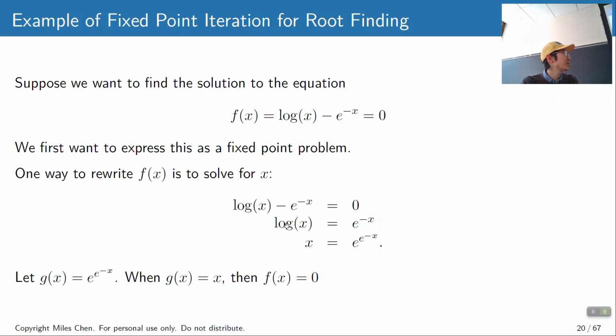I'm going to move e to the negative x to this side, and raise e to this power. So I'm going to have x equal to e to the negative x. And if we say g is equal to this thing, when g of x is equal to x, that's got to be where f of x equals 0. Okay, and so we'll try to find fixed points of this function, e to the negative x, and when g of x equals x, then that's going to be where f of x equals 0.